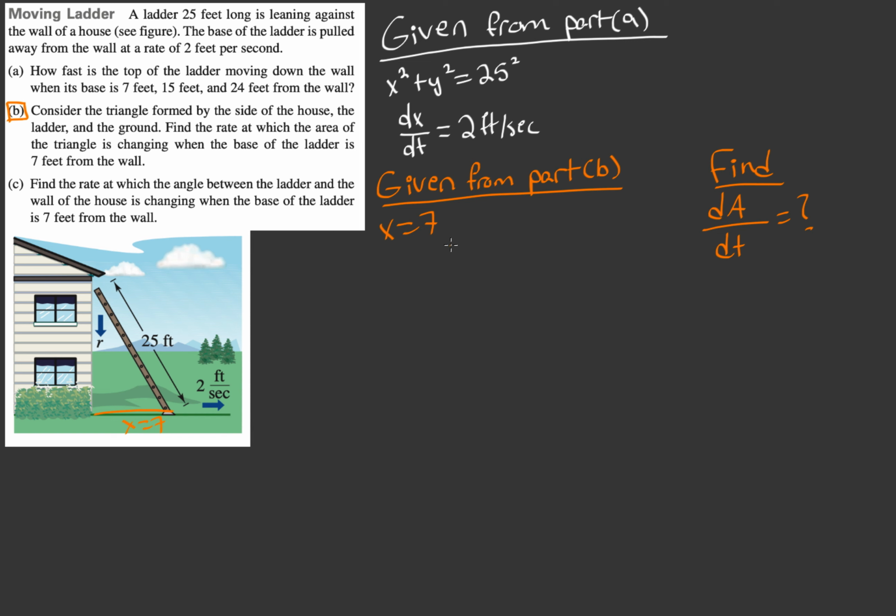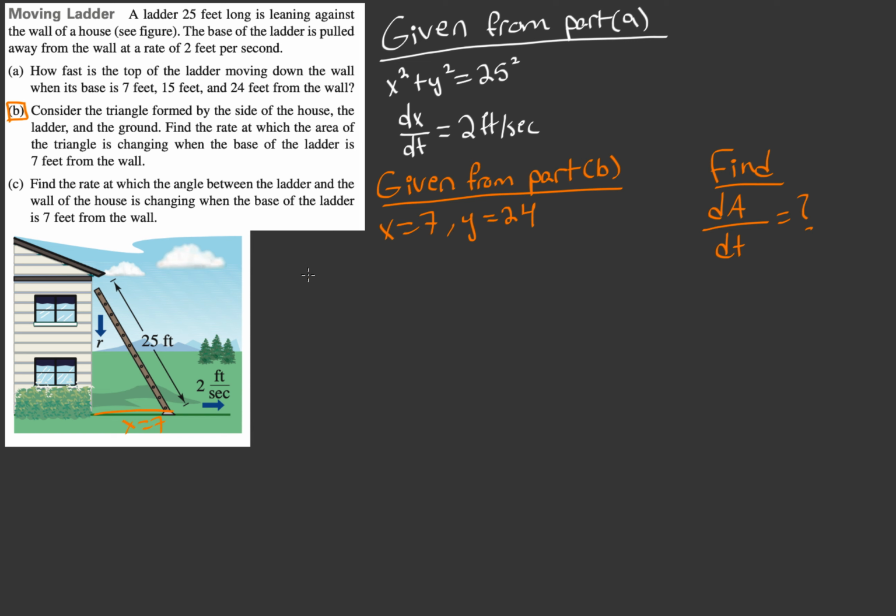So we have to think of more stuff. Well, could we find the y? Well, we sure could. If we plug in our 7 for x in x squared plus y squared equals 25 squared, we get y equals 24. This is a 7, 24, 25 triangle. Now, what is the area of a triangle?